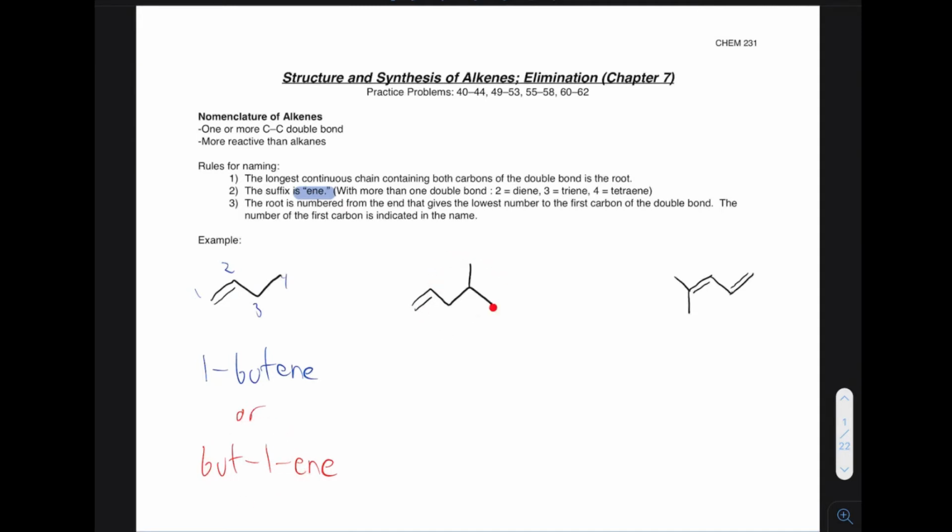So for the second example here, we're making things a little bit more complicated by adding a substituent, and we will want to name it this way because the alkene starts at number 1, and we want to have the lowest numbers possible. So even though the methyl is on this carbon here, if we started from the methyl, we'd have 2-methyl, and then we would have 4-ene at the end here.